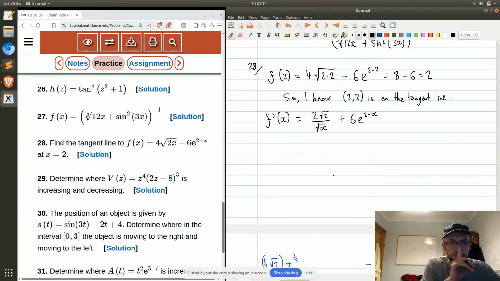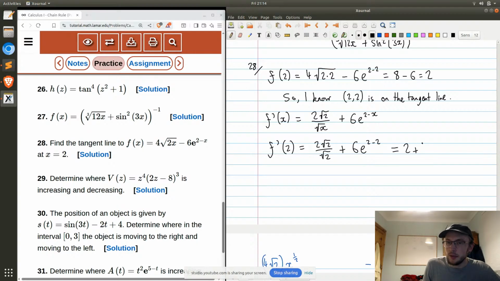Okay. Now we find f prime of 2. So that would be 2 root 2 over root 2 plus 6e to the 2 minus 2, which is, they cancel, then we just get a 2.